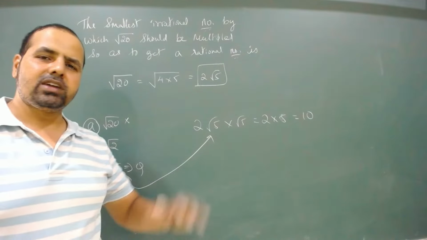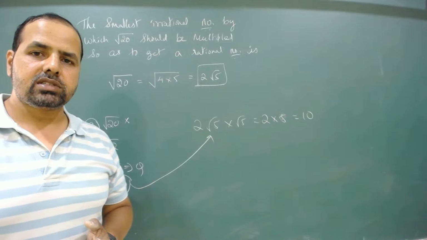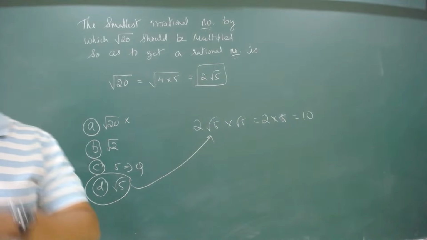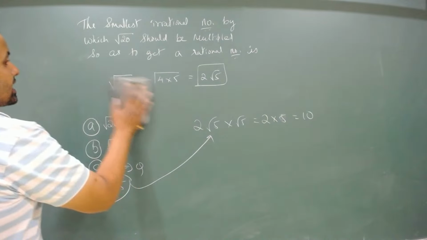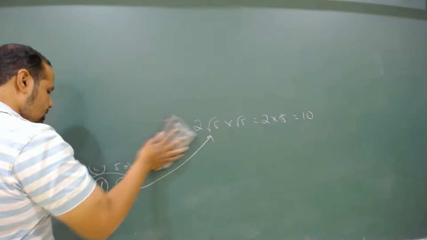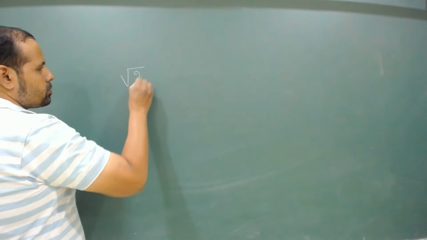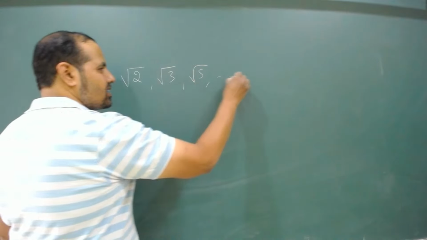Now this chapter's concepts are based only on these things: irrational numbers, HCF, LCM, and rationalizing, which you are all familiar with. You have to practice proving irrationality of a number, such as root 2, root 3, root 5.